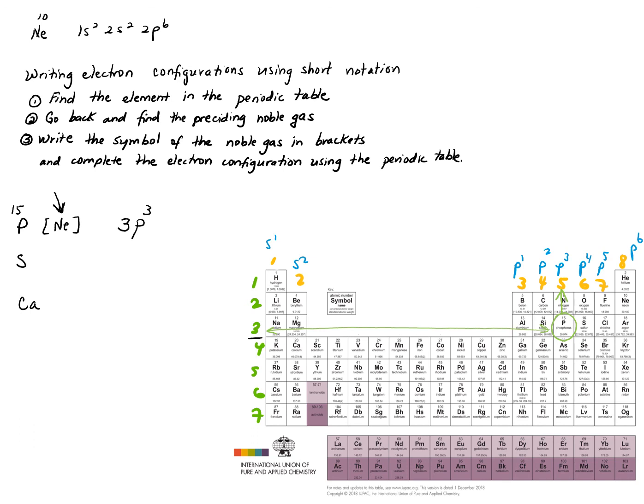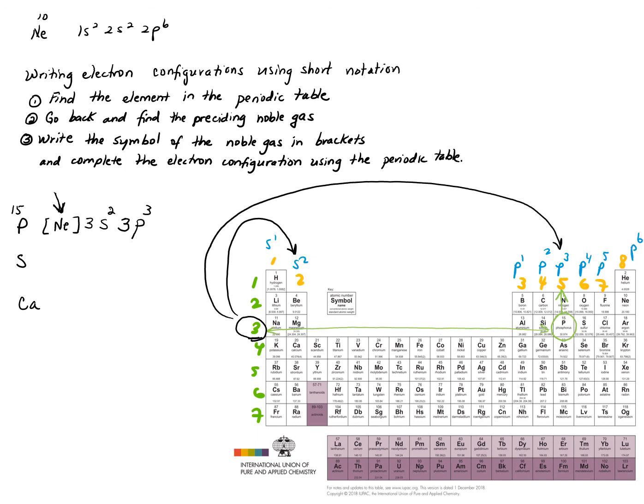Now 10 and 3, that's just 13 electrons. So the other 2 electrons are the 3s. So you see 3s2, all the way to 3p3. And we have 10 electrons here, plus 2, 12, plus 3, 15 electrons.